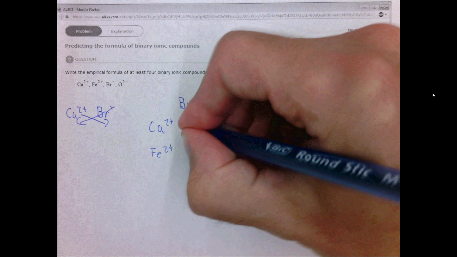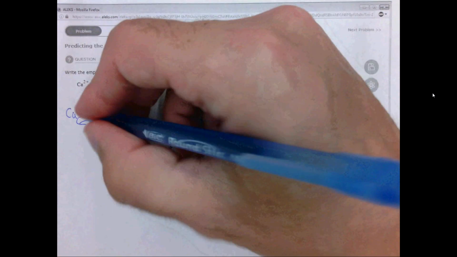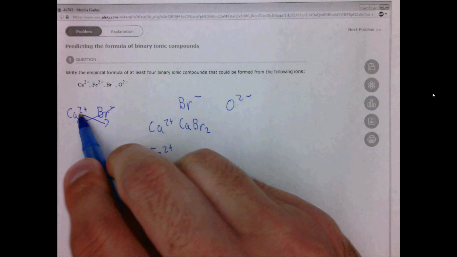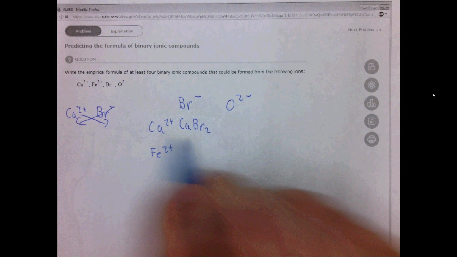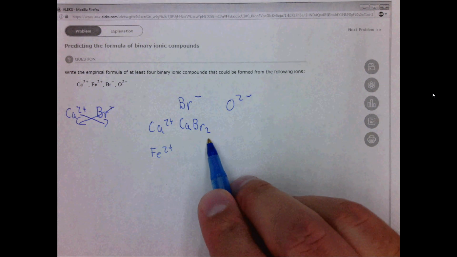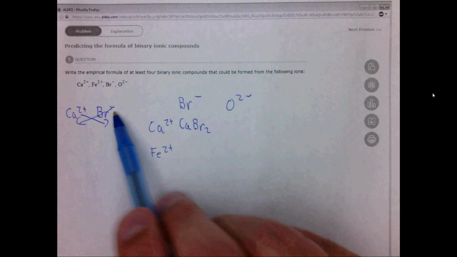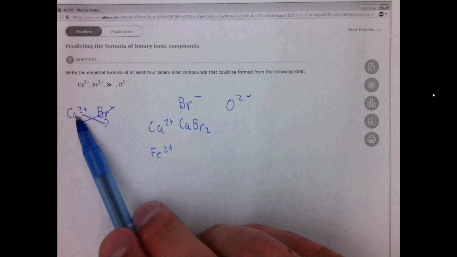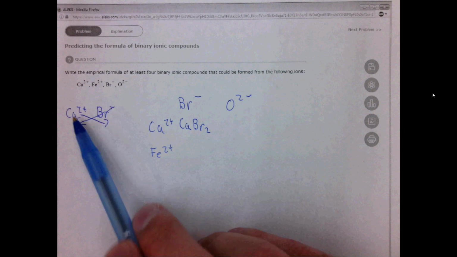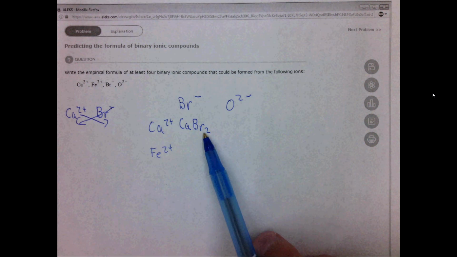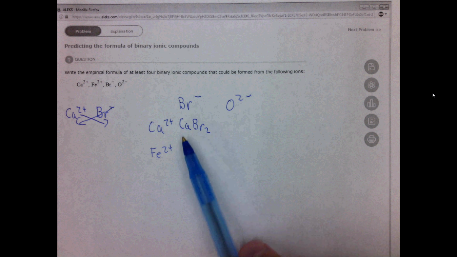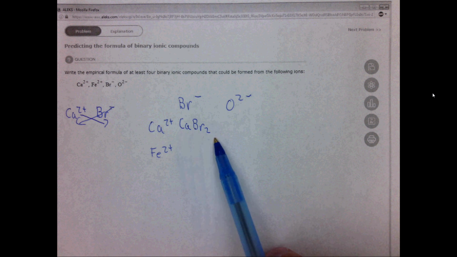And what we get is Ca, we bring the 1 down and we don't show it, Br 2. We bring the 2 down, not the plus, just the 2, and we get CaBr2. This works because it will cancel out the charges. Said another way, calcium will lose 1 electron to 1 bromine, it'll lose the other electron to the other bromine, and you'll end up with a Ca2 plus and 2 Br minus, and the binary compound is CaBr2.